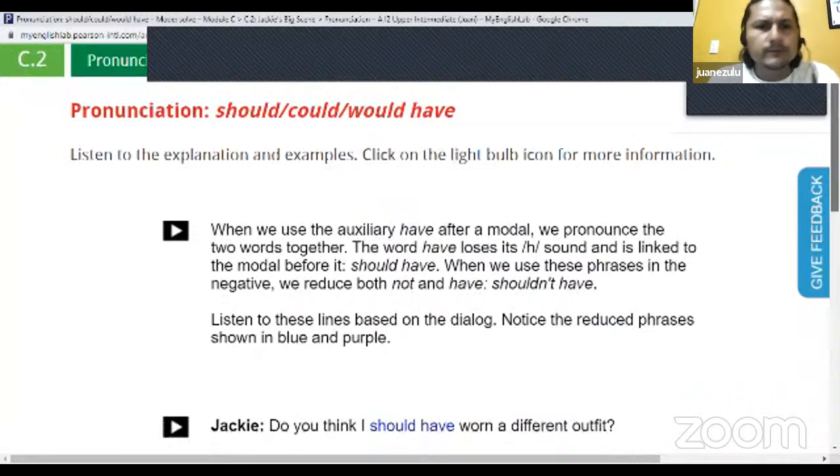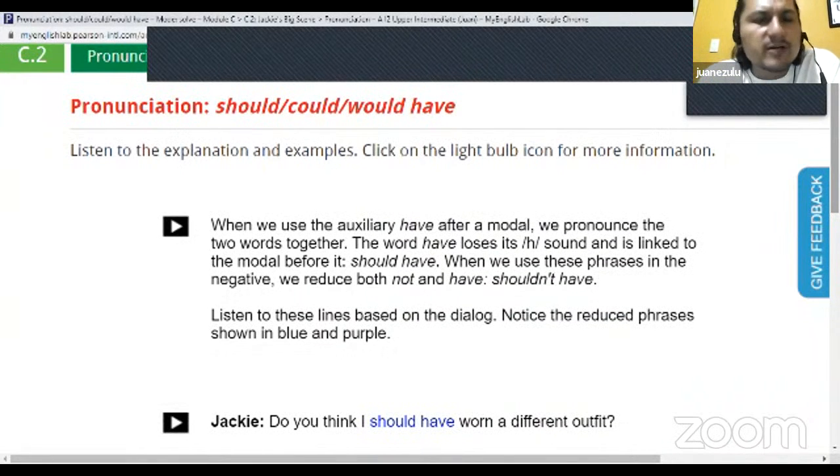Okay. So for today, we have pronunciation performance in which you are going to learn the short form of saying should have, could have, and would have. This is a very important aspect in speaking, and according to our Pearson activity section, we ought to master these pronunciations. So I will be calling you to read, to participate.